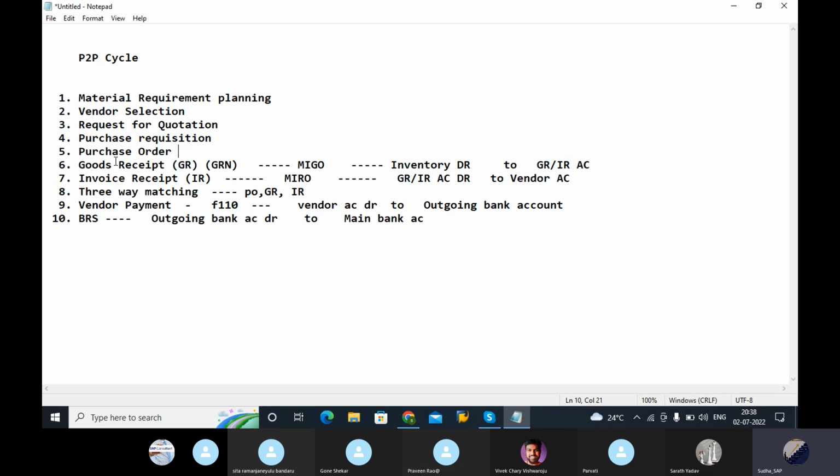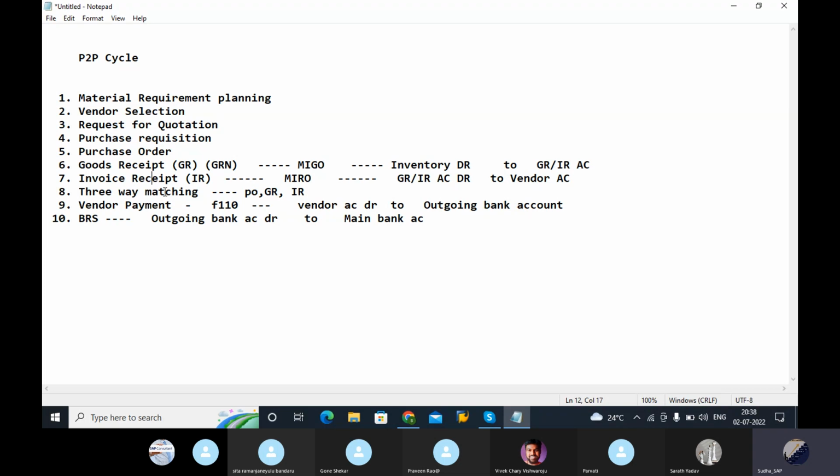After that only we raise the invoice receipt. When our company receives the bill from the vendor, invoice receipt is posted in SAP with the help of the MIRO transaction. The general entry is GR/IR account debit to vendor account.